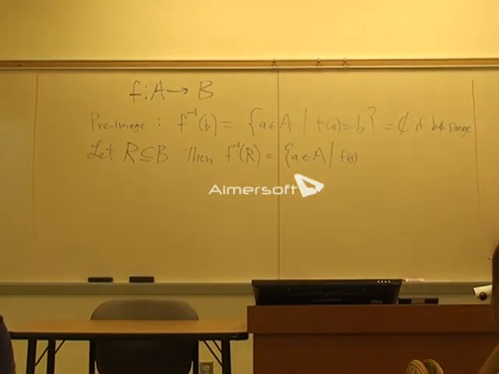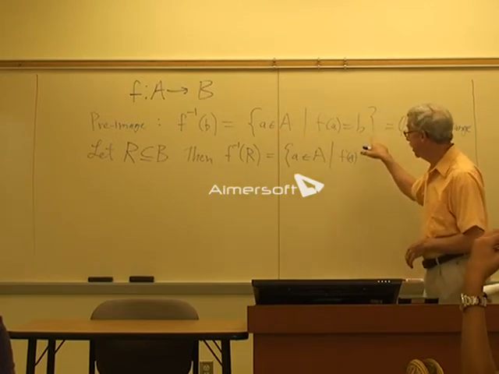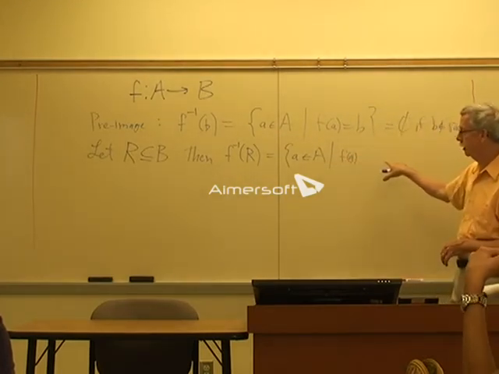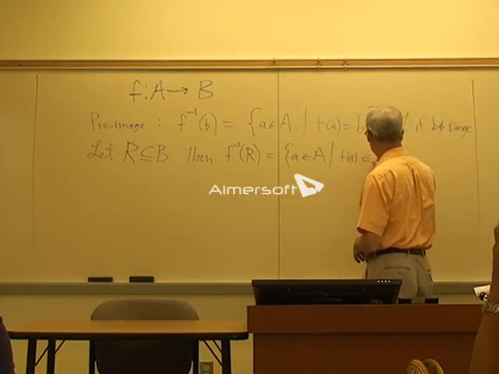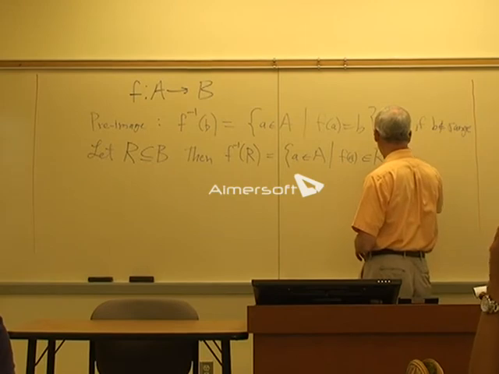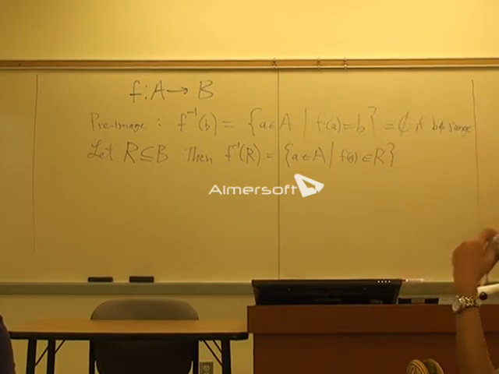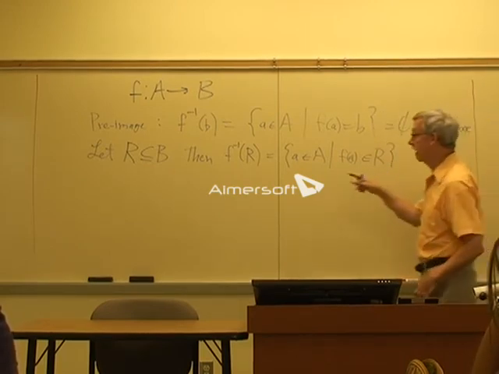It's not equal to B, because we have a whole bunch of B's. What do you think would be the generalization of this? It's not all the A's that go to one B, it's all the A's that get sent to any element of the set. So this would be the pre-image of the entire set.